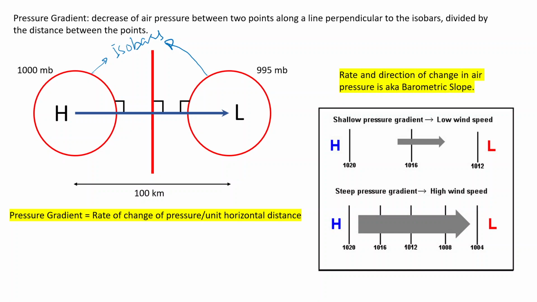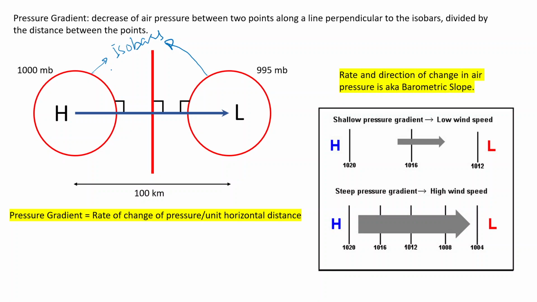So in this diagram, you can see two isobars, one of 1000 millibar, the other one of 995 millibar. So if we have to find out the pressure gradient, we understand that the isobar of 1000 is at a higher pressure than the isobar of 995. So this isobar is of low pressure.